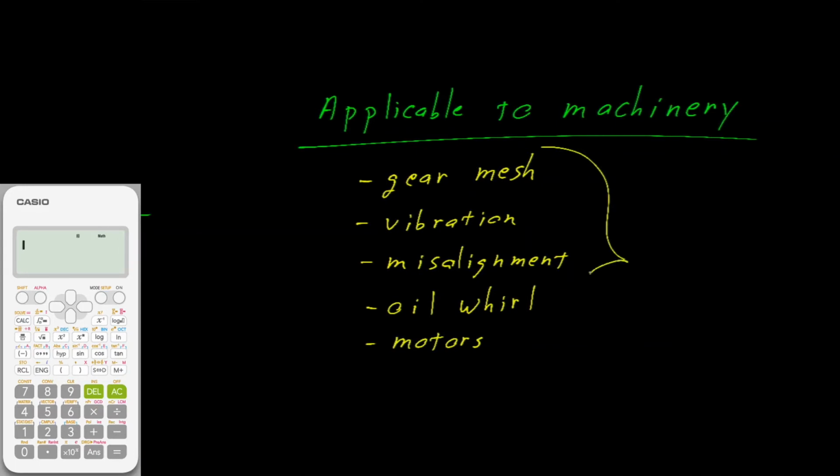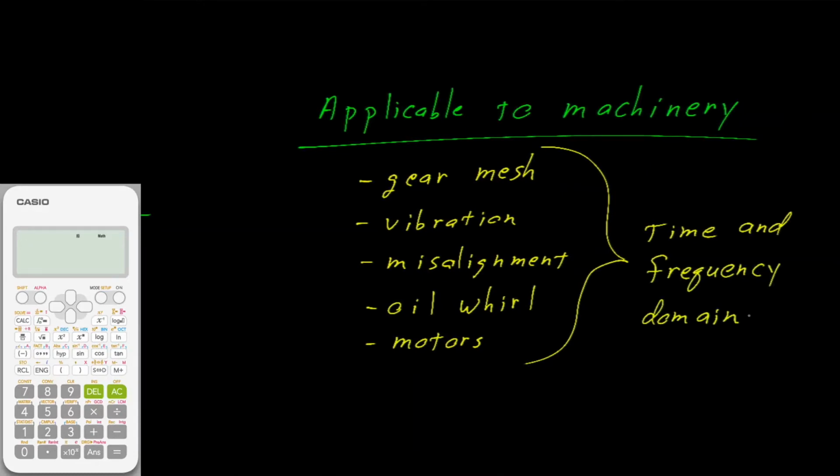All of these things can be described in the time and frequency domain. These concepts are important for preventative maintenance, where you can detect problems early. They're also important in military applications, where you're concerned about how much noise your machinery is making.